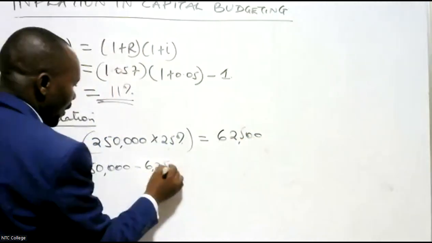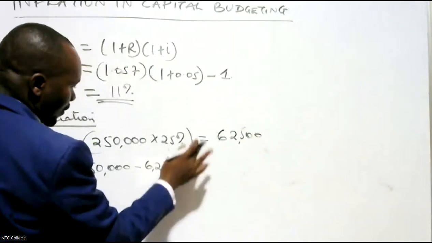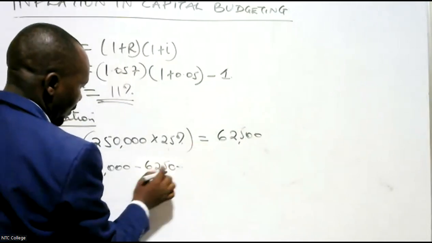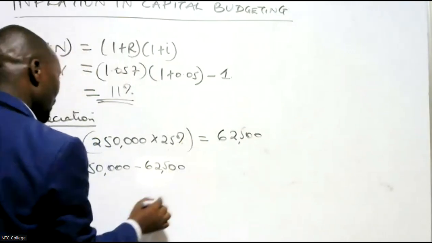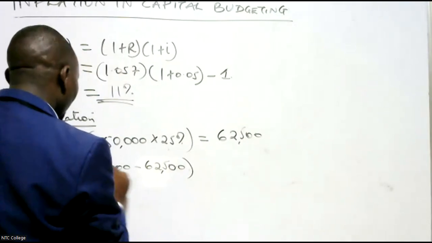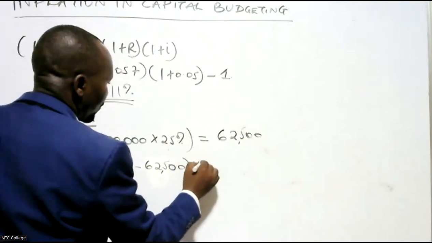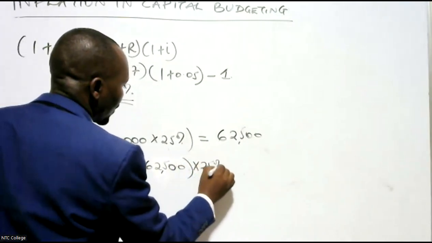So we have that minus that. The answer that we get from here, multiplied with 25%.